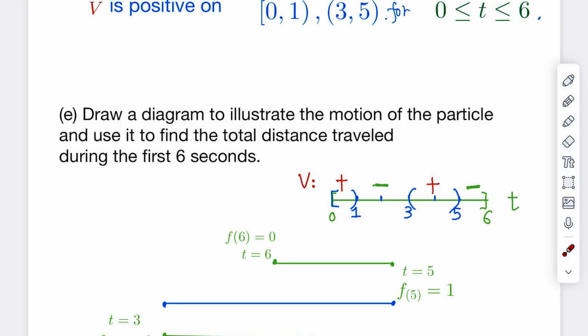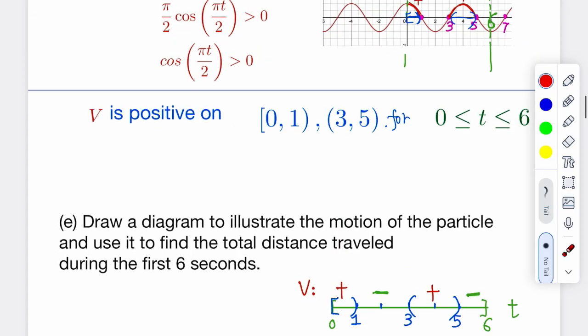Next question. Draw a diagram to illustrate the motion of the particle and use it to find the total distance traveled during the first 6 seconds. So from 0 to 6 seconds, looking at the graph over here, we see that velocity is positive here and negative here and here.